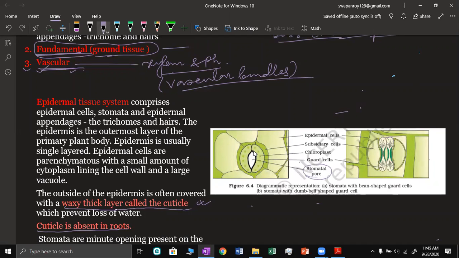These stomatal pores are guarded by one pair of special cells, the guard cells.